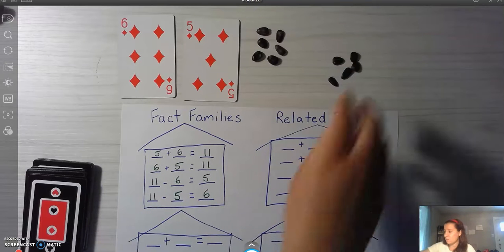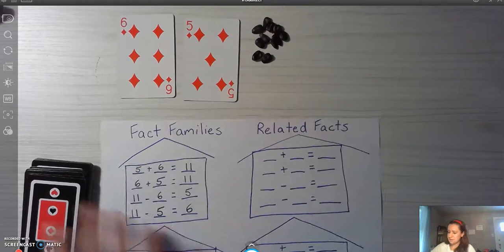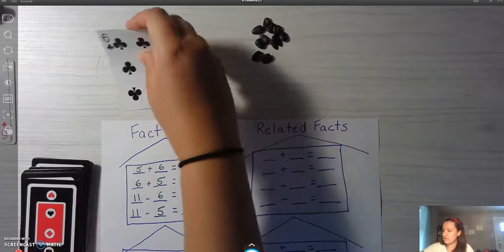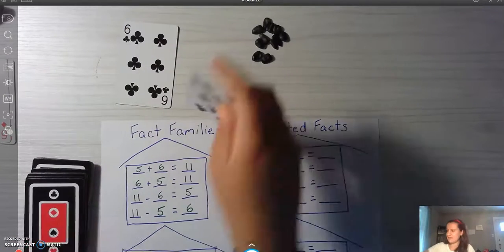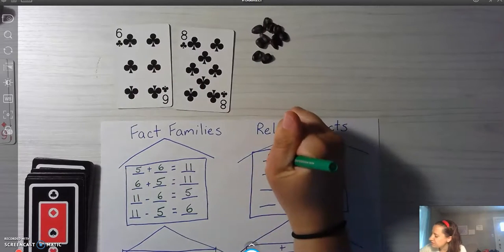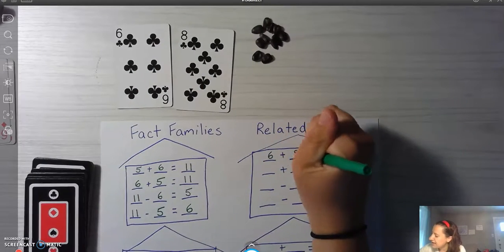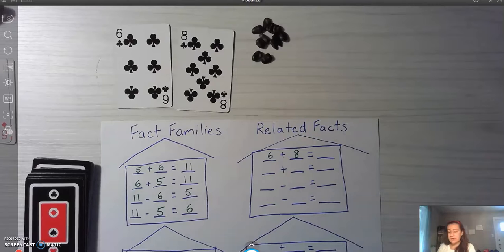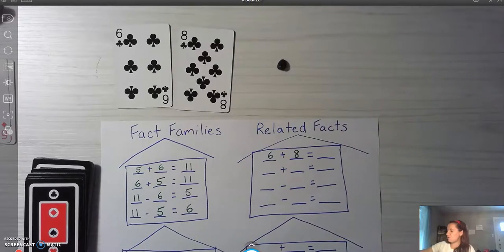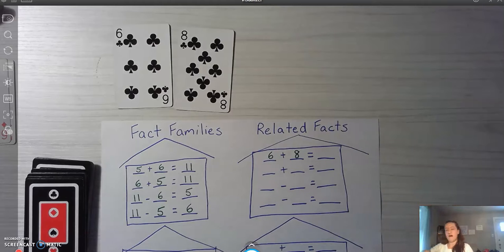Now we're going to do another one to practice. So let's see, I'm going to pick 2 more cards. 6 again, and 8 this time. So first I'm going to do 6 plus 8. If you need help, you can continue counting out your seeds, but I know 6 plus 8 by counting on my fingers.